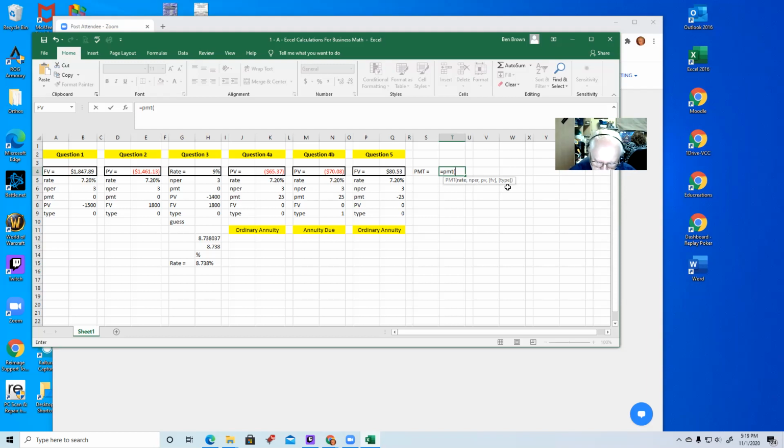So rate, number of periods, present value, future value, and type. And so we're going to want to put in this space, this space, this space, this space, and this space.